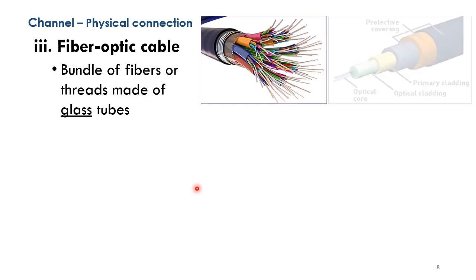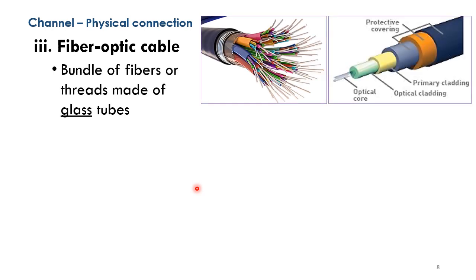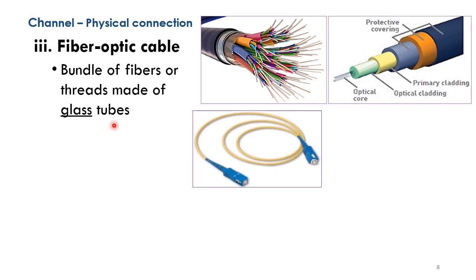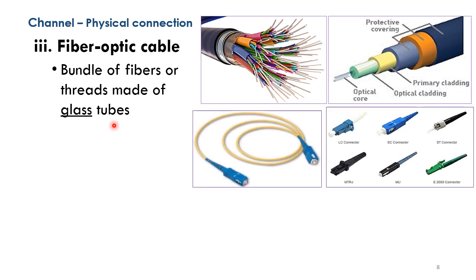Fiber optic cable transmits data as pulses of light through tiny tubes of glass. This is how it looks like. A bundle of fibers or threads made of glass tubes. The data transmission speeds of fiber optic cables are incredible.